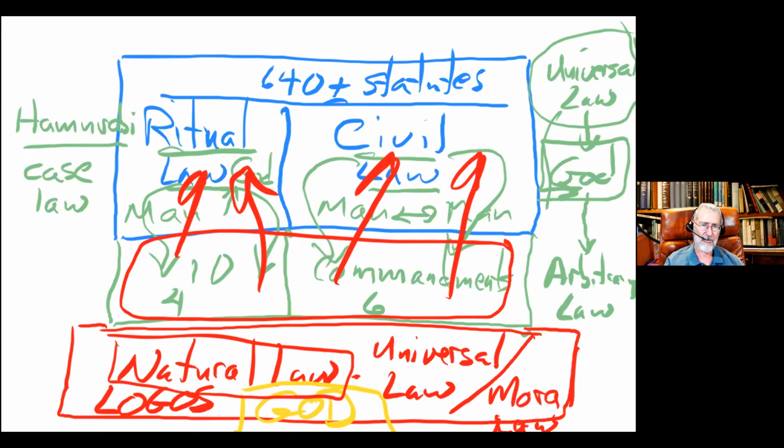Modern legal systems still ought to be built on the 10 Commandments and in turn on universal law. The laws themselves will be different. And so the individual, you shall not boil a kid in its mother's milk, for instance, makes very little sense to us today. None of us are tempted to do that. But there are other laws that really ought to be in place to guide us today. That's how the law works.